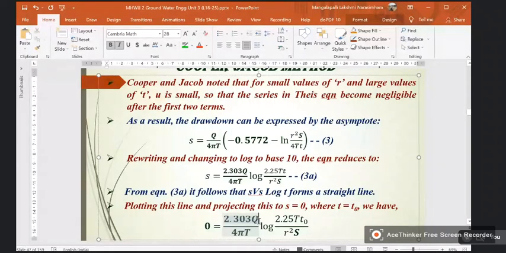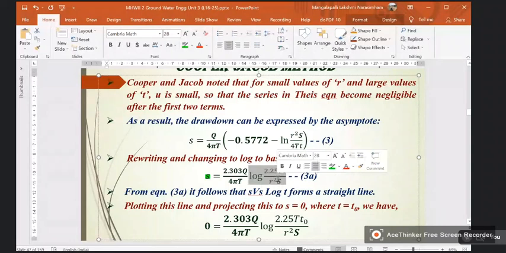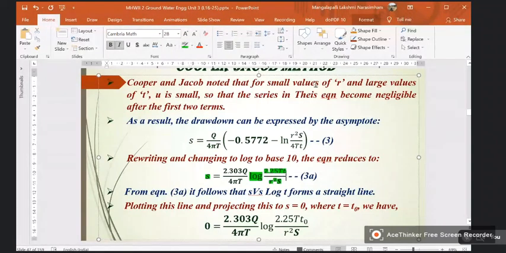So equation 3a follows that s versus log of this thing is a straight line.